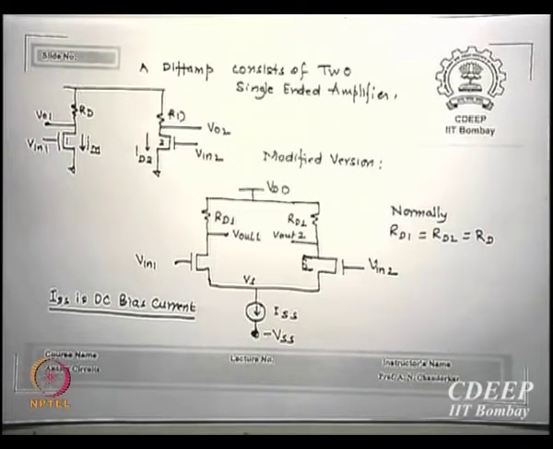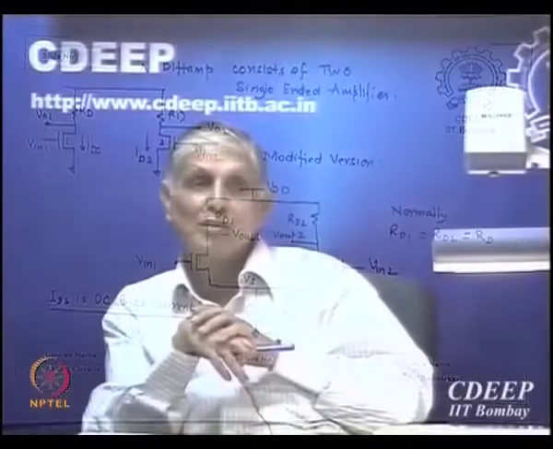Some may have 47.15, some may have 46.9, though they are marked as 47K. So RD1 may not be identical to RD2 externally. If I make them on a single chip in a small area, I can more likely say the RDs will be equal.